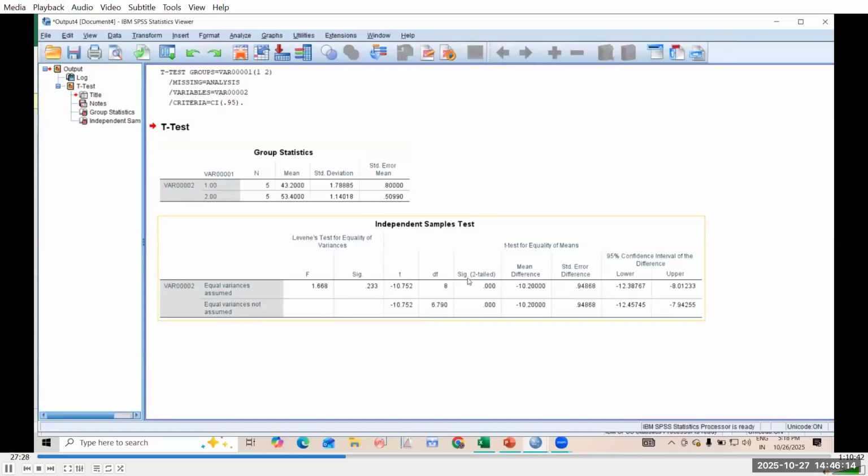Where the significance level is less than 0.05, it means that the means of two different types of cookie have a significant difference in their moisture contents.